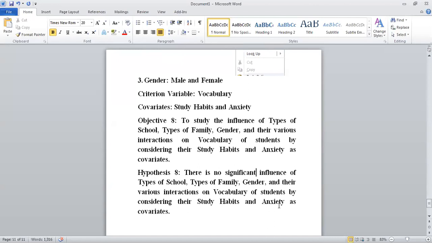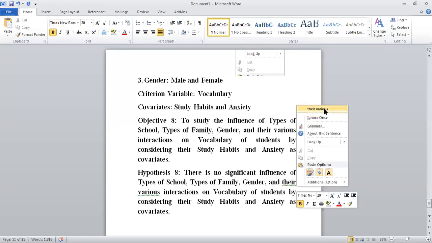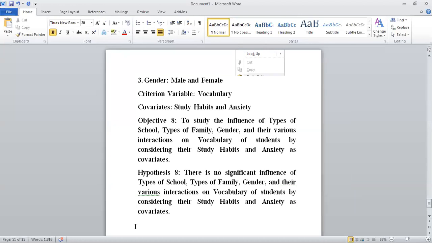So if I want one objective, then I have to have one hypothesis. But if I want to write different objectives, not one objective, then how do I write?